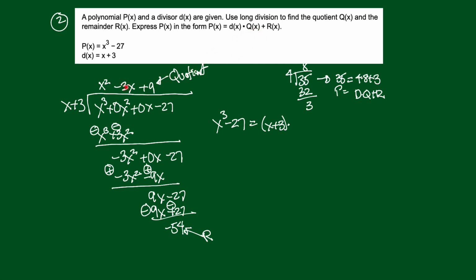Now the quotient is here. That is x squared minus 3x plus 9. And then plus the remainder. Now there's the remainder, negative 54. That's what we're looking for.